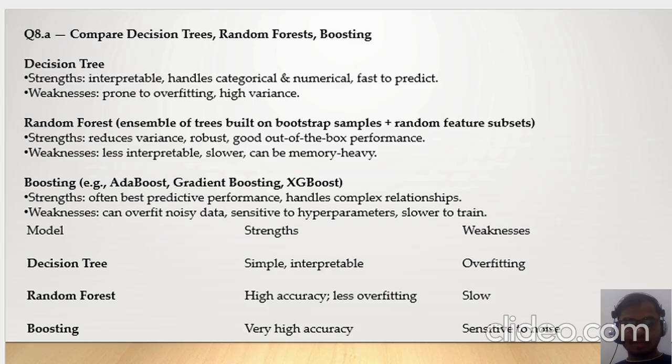Weakness: less interpretable, slower, can be memory heavy. Boosting strengths: often the best predictive performance, handles complex relationships. Weakness: can overfit noisy data, sensitive to hyperparameters, slower to train.